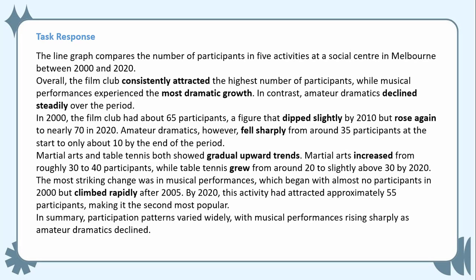The line graph compares the number of participants in 5 activities at a social centre in Melbourne between 2000 and 2020. Overall, the film club consistently attracted the highest number of participants, while musical performances experienced the most dramatic growth. In contrast, amateur dramatics declined steadily over the period.